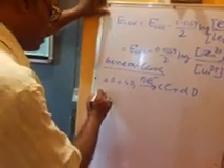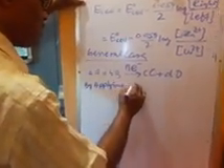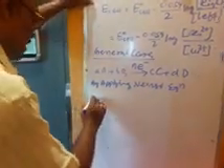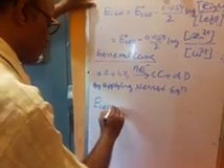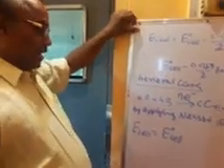Then by applying the Nernst equation, we can write E cell will be E naught cell, first calculating E naught cathode minus E naught anode, minus RT by nF ln of concentration of C to the power c into concentration of D to the power d, divided by concentration of A to the power a into B to the power b.